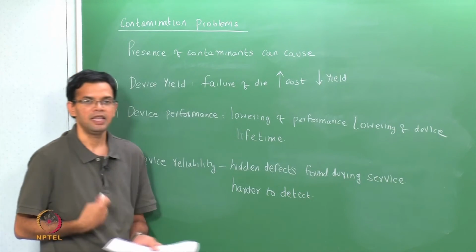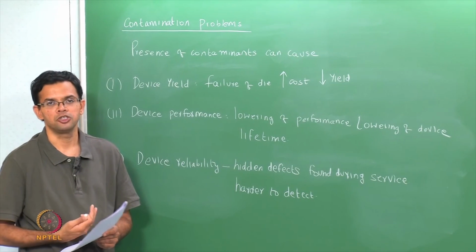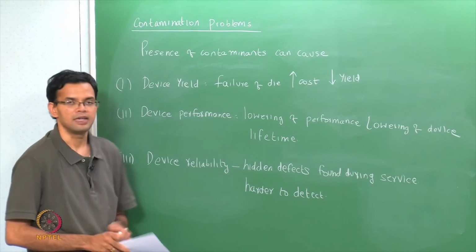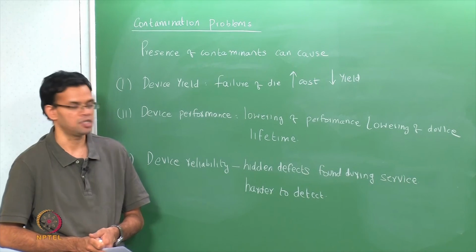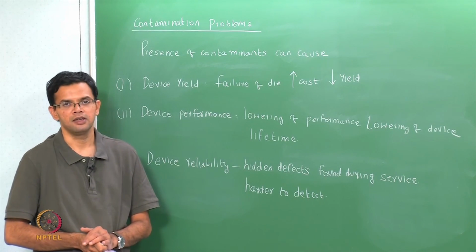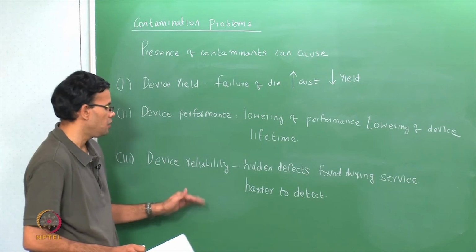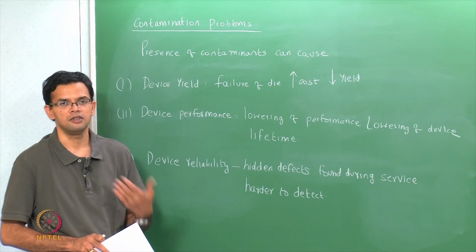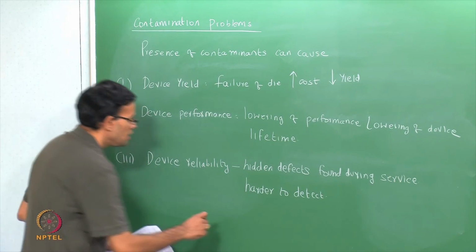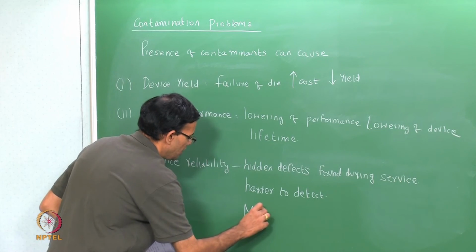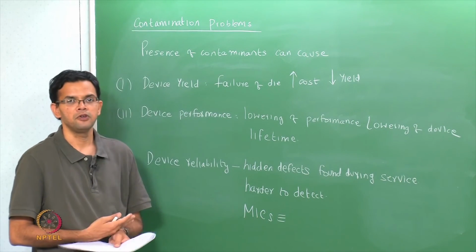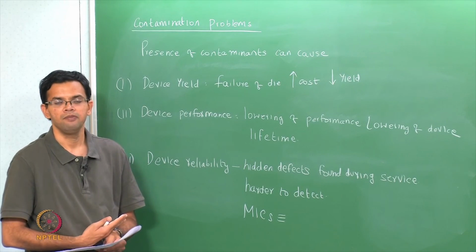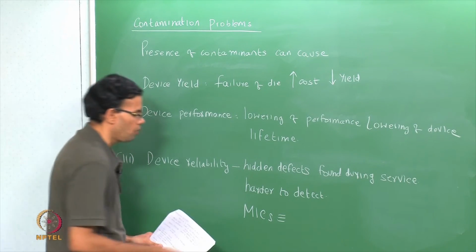And at the same time any electrical testing will also not show up these kinds of contaminants, but during the service of the device, when the device is in operation, can essentially cause failure. A common example of a defect that causes a device reliability failure is the mobile ionic contaminant, MICs. So these can essentially diffuse into the device over time and can affect the properties.